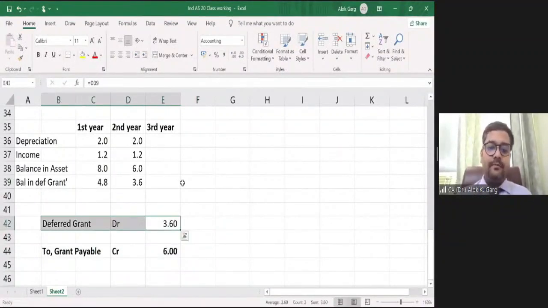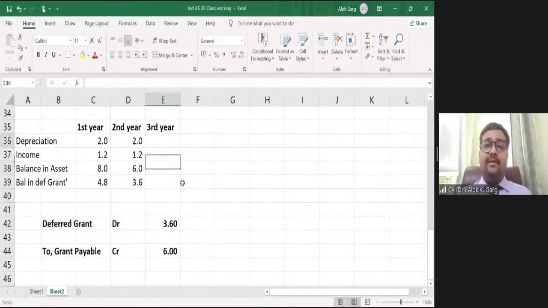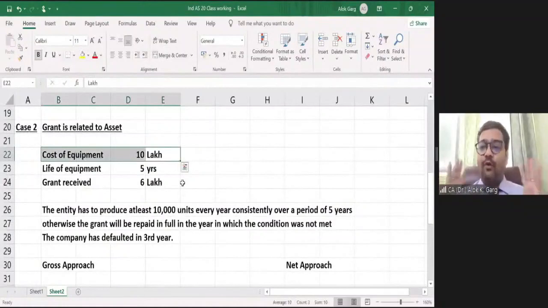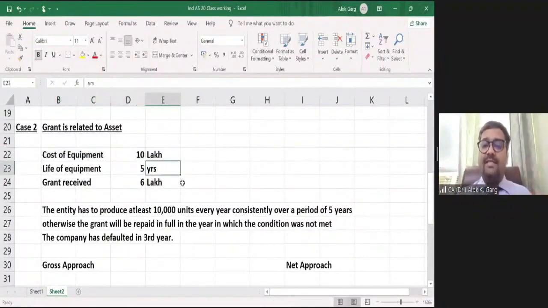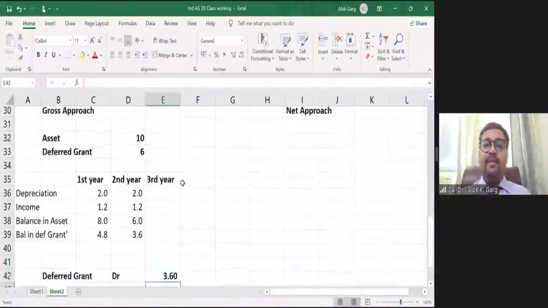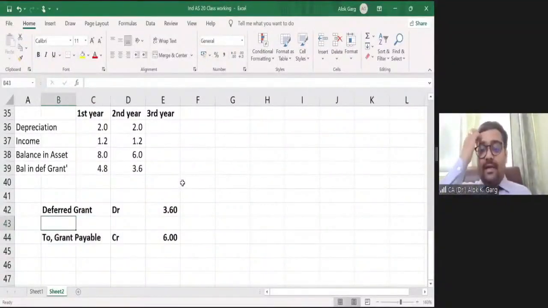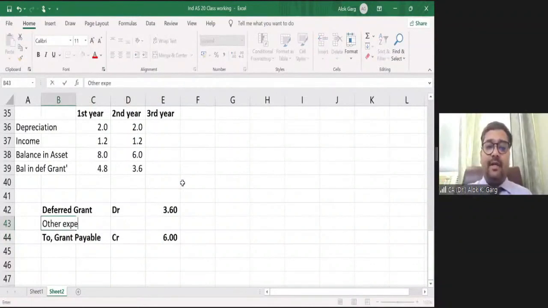Now, the standard says that since you have taken a gross approach and you have shown the asset at full value, at fair value, whatever difference is there will be debited as other expense in the P&L.